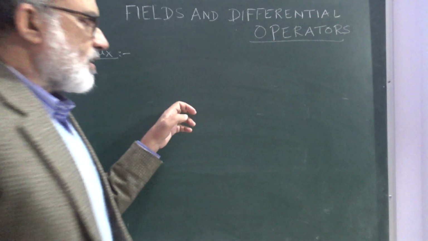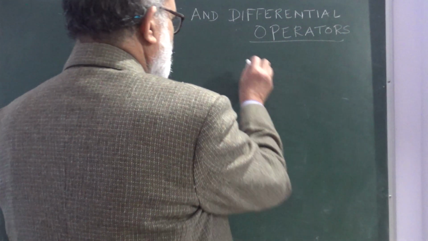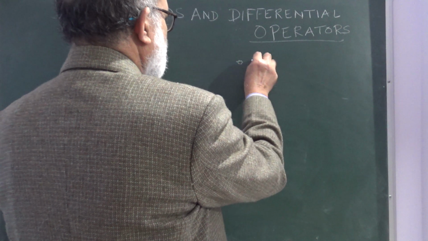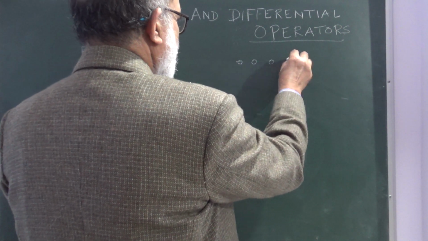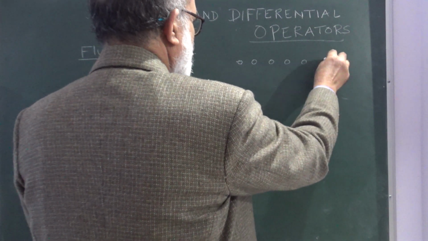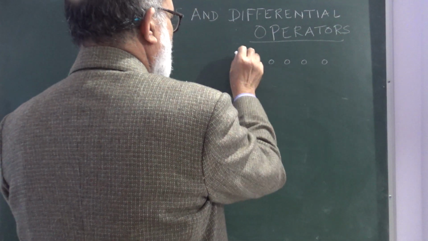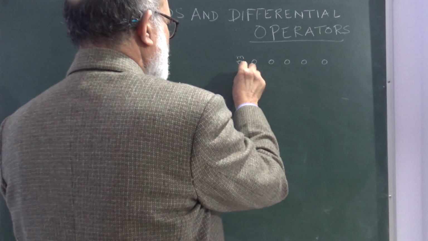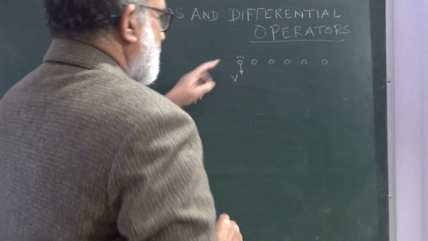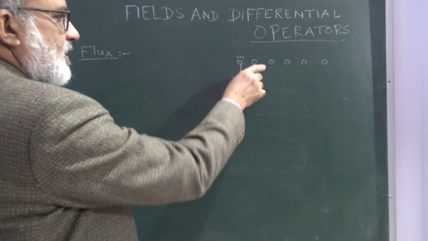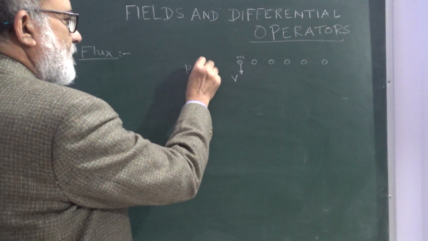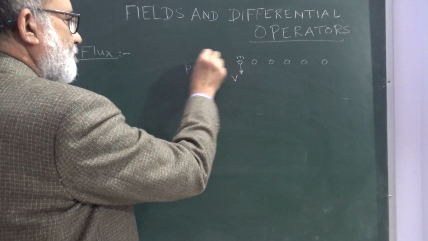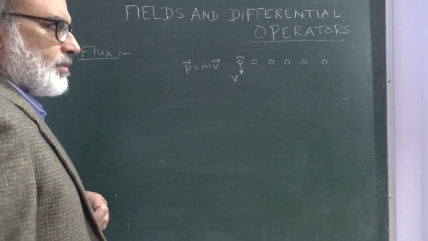Suppose consider raindrops. Suppose the mass of each raindrop is the same and the velocity is also the same, v. So the momentum of each raindrop is P equals mv. Okay.